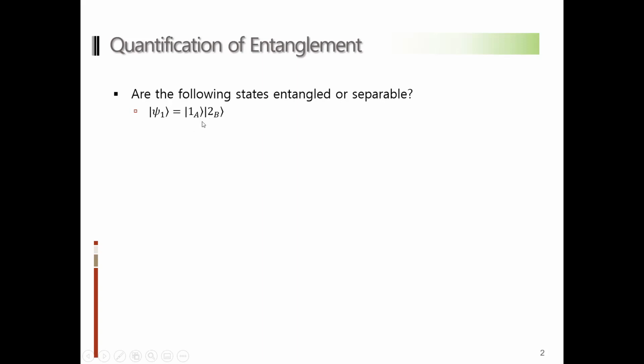So you are given this kind of quantum state, and you know that this one is not entangled because the quantum state of A is completely independent of the quantum state of B. And we call this other kind of state entangled because if we make a measurement of A, depending on what value we obtain for A, whether 1 or 2, the value of the B measurement will be different.